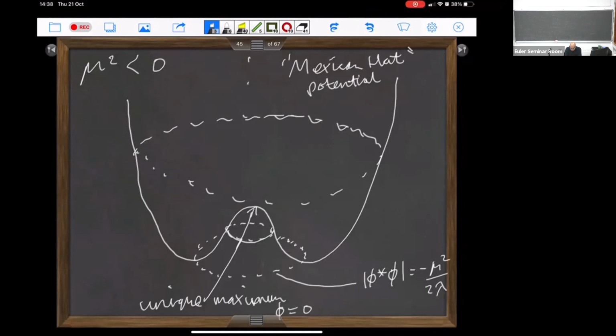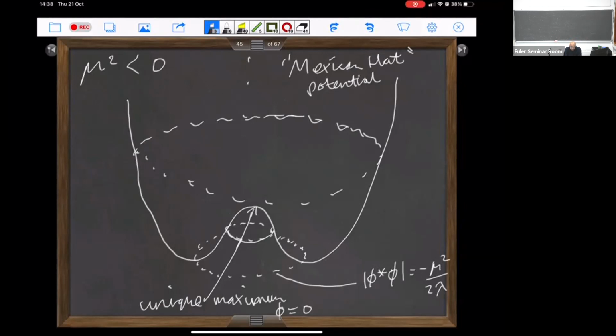And the valley at the bottom is where we have this circle of minima of the potential. And the top of the hill is a unique maximum of the potential.